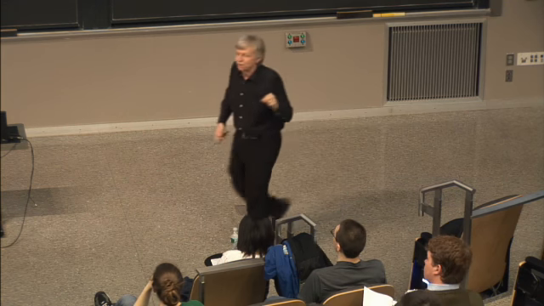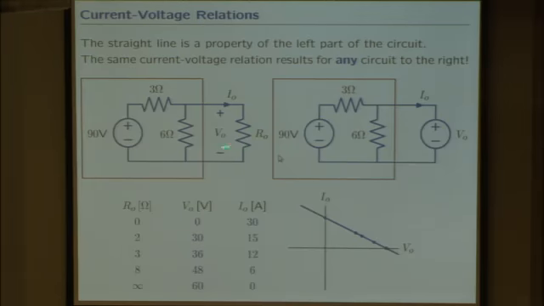One way to convince yourself of that is to take that resistor out and put in a voltage source and redo the problem. This time, instead of assuming that there's an Ohm's law type resistor here, assume there's a constant voltage, and that constant voltage is adjusted to 0, 30, 36, 48, 60. If you resolve that problem, you get exactly these same currents. The answer continues to fall on exactly the same line.